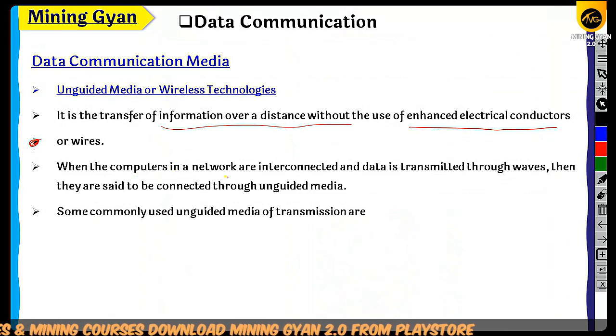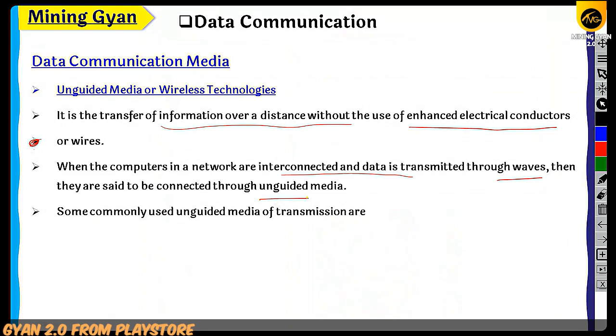When the computers in a network are interconnected and data is transmitted through waves, they are said to be connected through unguided media. So if no wire is used to transmit the signal and the data is transmitted through any kind of waves, then it is called wireless technology.